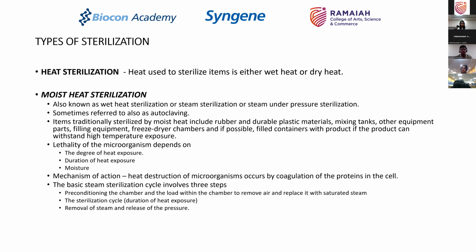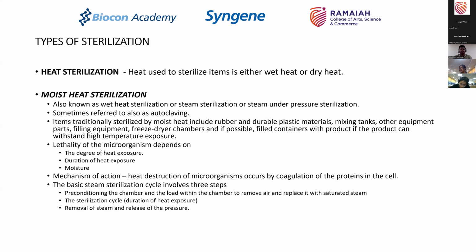Okay, types of sterilization. I'm again not going to spend too much time on this because we've studied this earlier. It is heat used to sterilize items, either wet heat or dry heat.